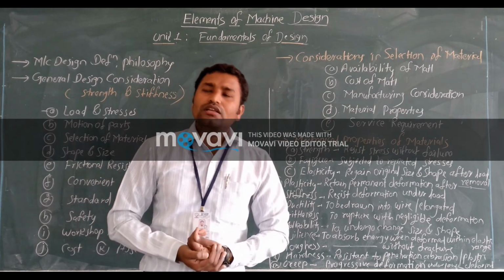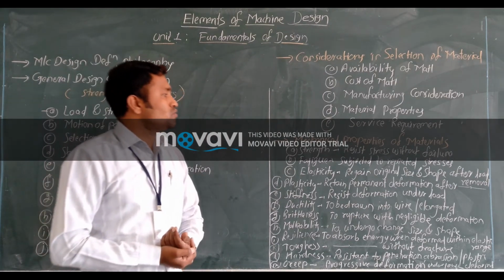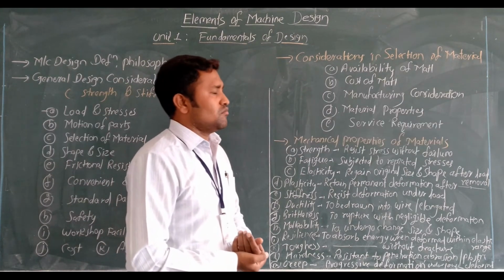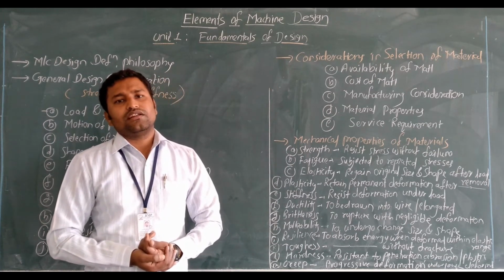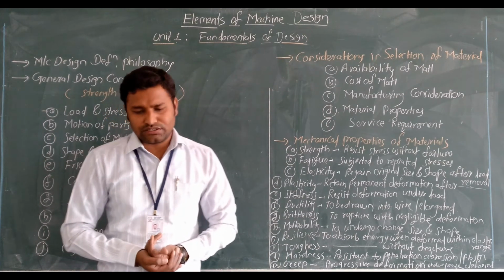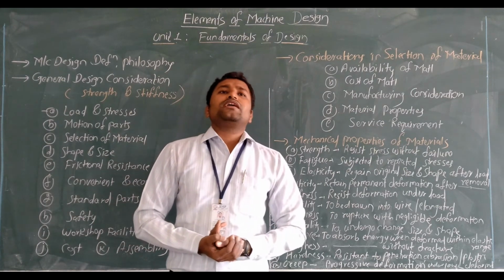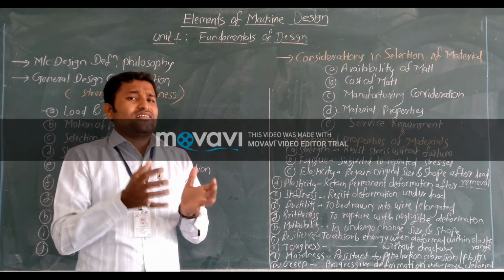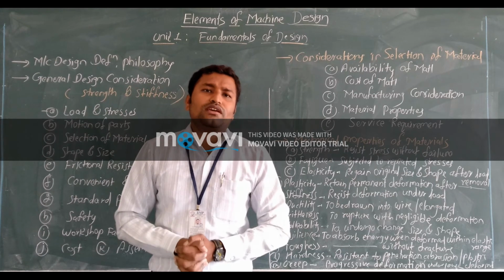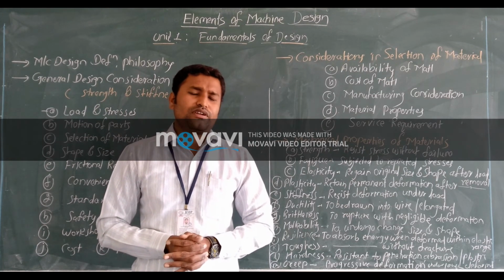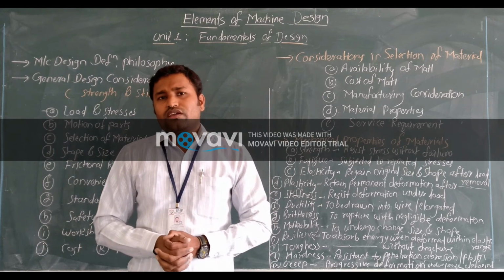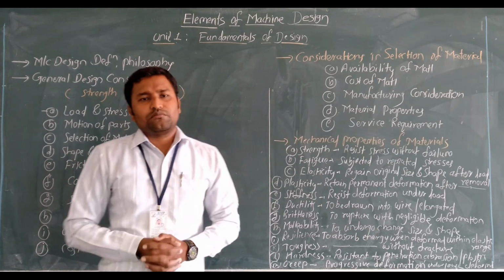Okay. Then we are going to see the most important part, that is, the mechanical properties of materials. Mechanical properties of metals are related to the mechanical component, size and shape, and are related to engineering purposes.